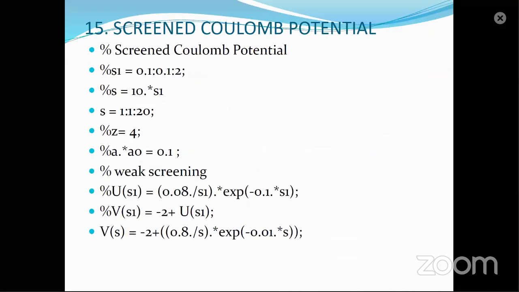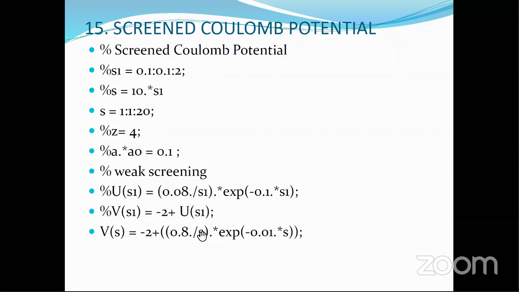In the screened Coulomb potential, I have assumed Z equal 4, meaning 3 electrons providing an umbrella, a shield. Well, then it necessitates introduction of electron-electron interaction into the Hamiltonian matrix. So that makes the problem beyond BSc level. Probably at a higher level or at research level, one can attempt such a problem.